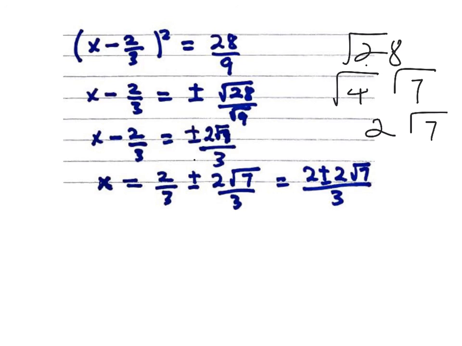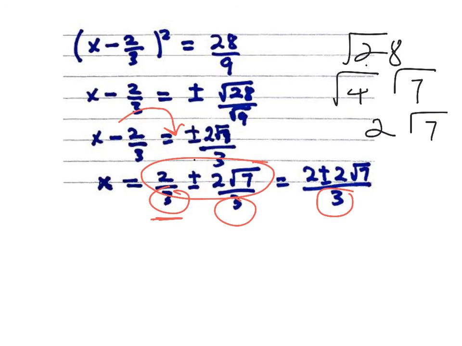And then now you can just move these 2 thirds to the other side. So these 2 thirds come to the other side and become plus 2 thirds. And because you have the same denominator of 3 and 3, you can just keep it as 3, and then you add the numerators together.